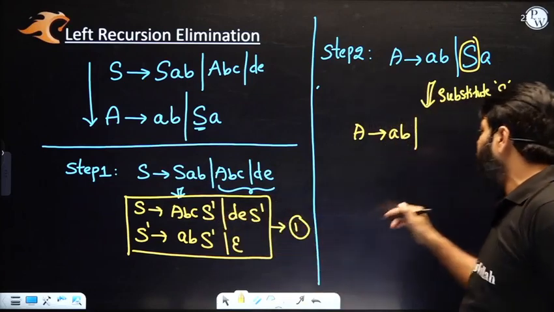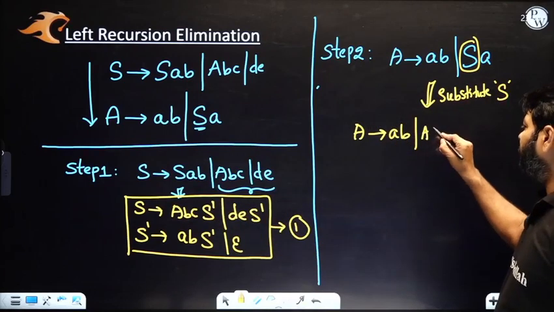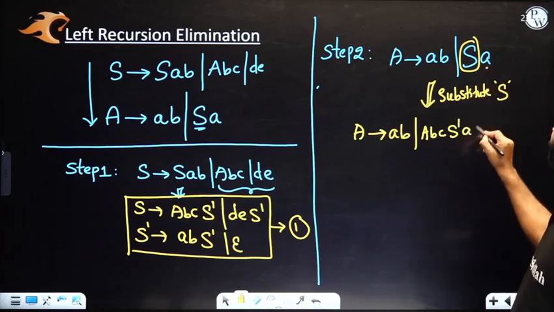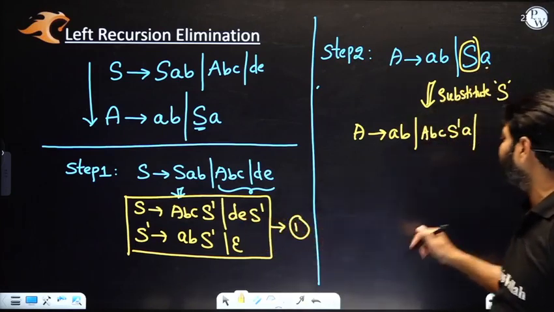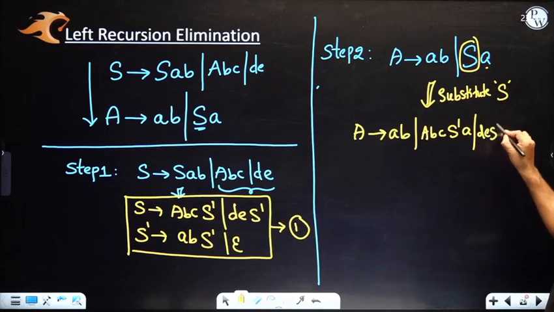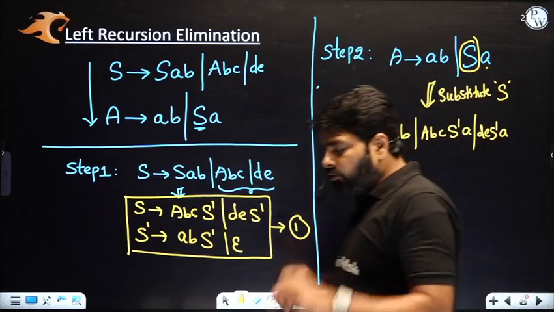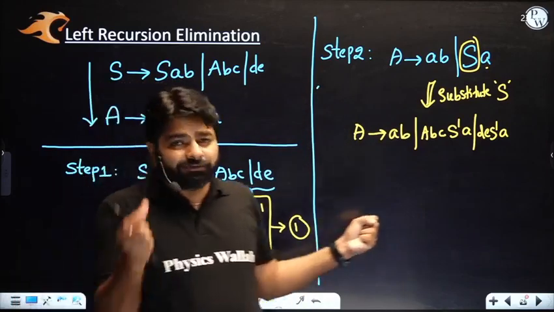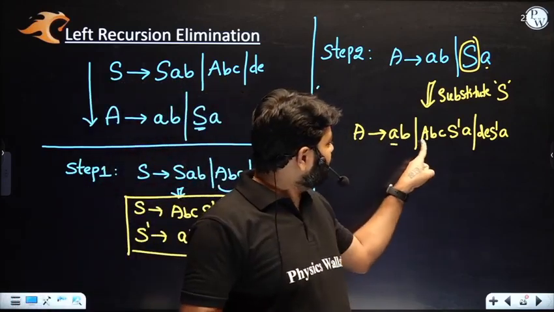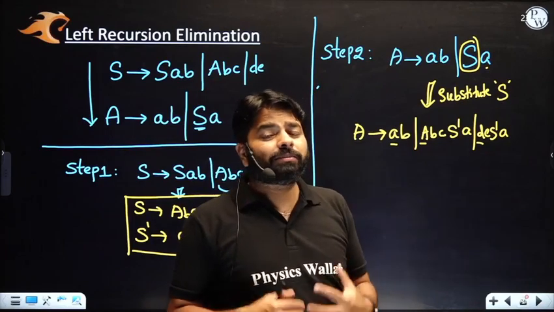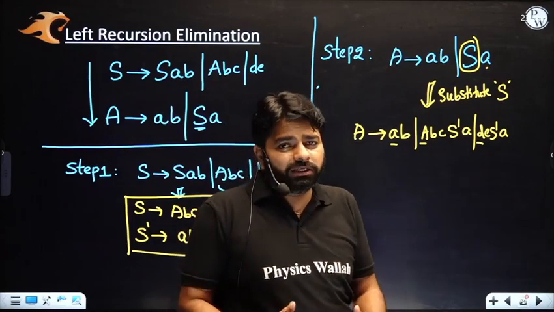A derives ABC S dash A, that's one production. Another one, DE S dash A. We have substituted it. Now see, do you have any more S in the first position? Small a, capital A, D. No, right? Because sometimes you may see some other non-terminals while substituting this.